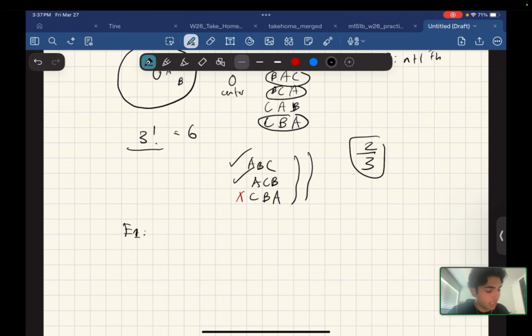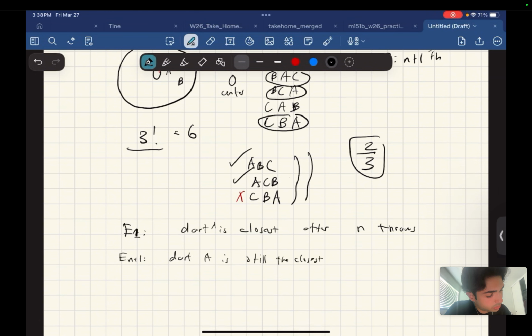Event 1 is where dart A is closest after n throws, and event n+1 is the case where dart A is still the closest after n+1 throws.